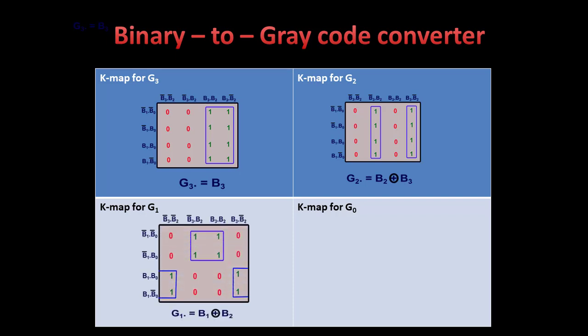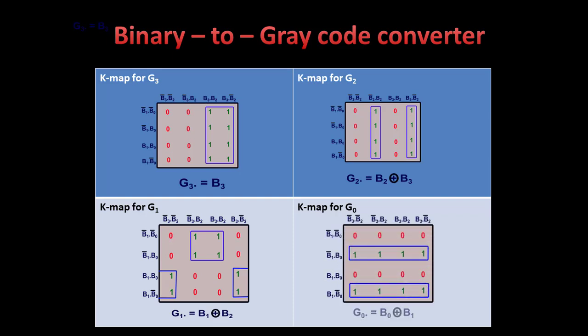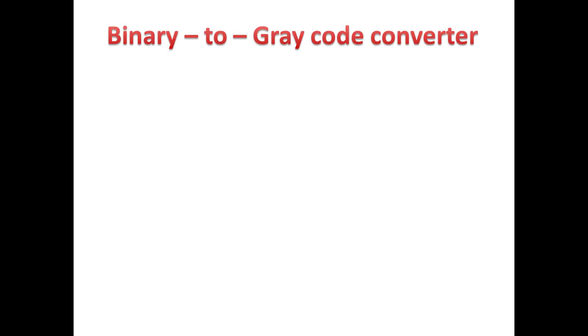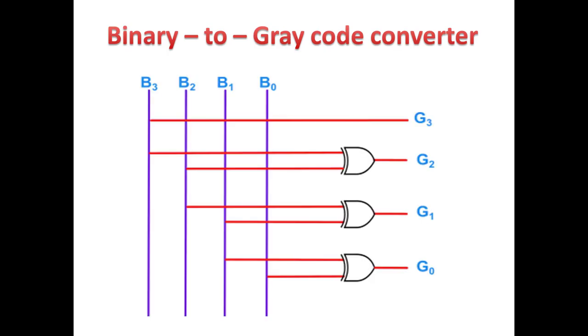And for G1 we get this one, and for G0 we get this. So this is the output equation, and we can implement it using gates. If we observe the equations, G3 equals B3, G2 is B3 XOR B2, G1 is B2 XOR B1, and G0 is B1 XOR B0. So that is the binary to gray code converter.